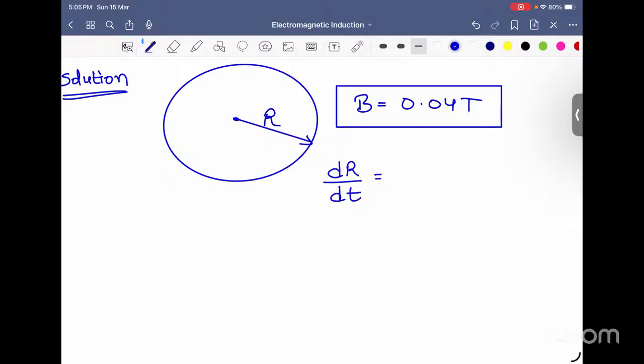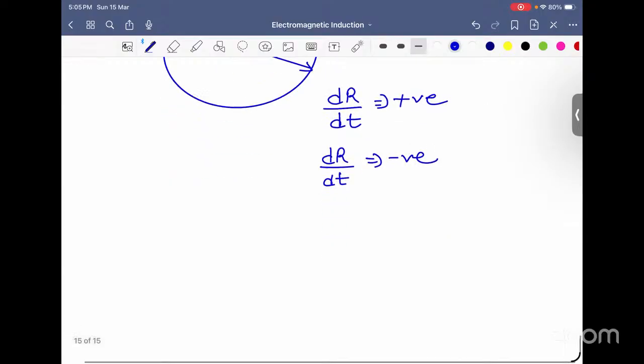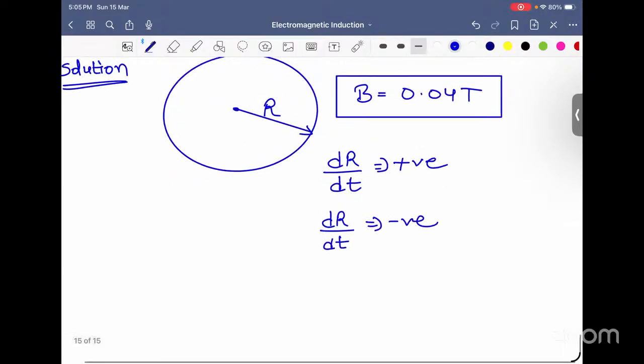If it expands, the value will be positive. If it shrinks, the value will be negative. But here we will take the magnitude.